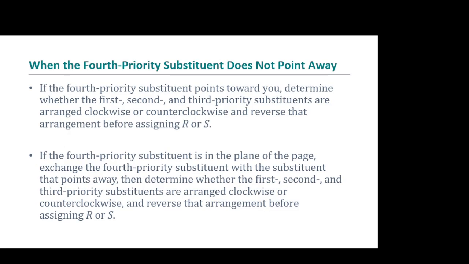If the fourth priority substituent is actually in the plane of the page instead, you exchange the fourth priority substituent with the substituent that points away, and then you determine whether the first, second, and third priority substituents are arranged clockwise or counterclockwise, and then reverse that arrangement before assigning R or S. What was the rule for generating the other configuration?